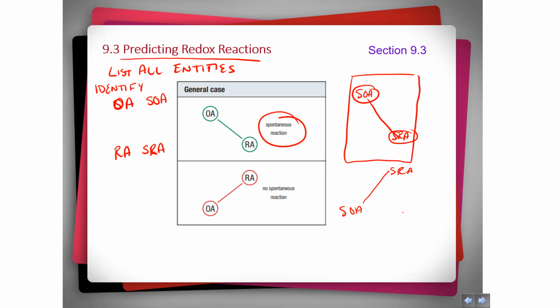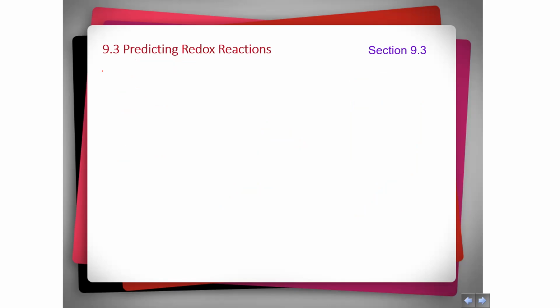So let's try one, and then I'll leave you to go do some practice. Okay, so this is a sample on page 621 of your text. It says, nitric acid, does a redox reaction occur, so will a reaction occur if copper metal is placed in a solution of nitric acid?